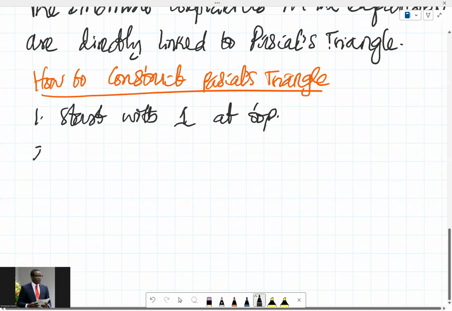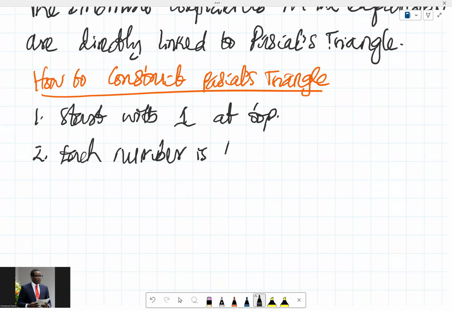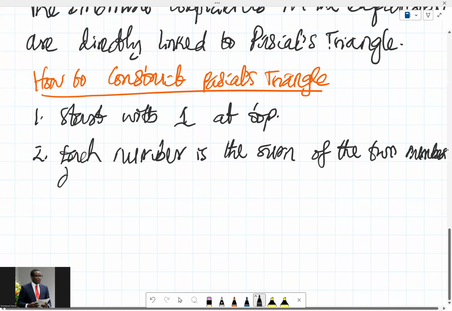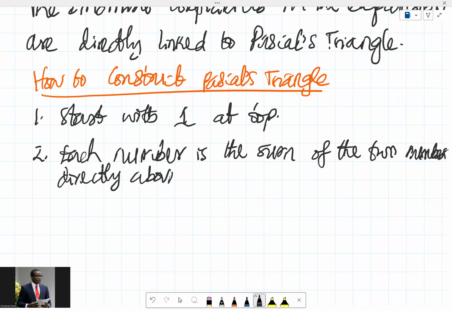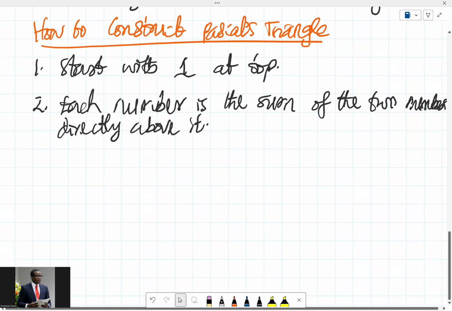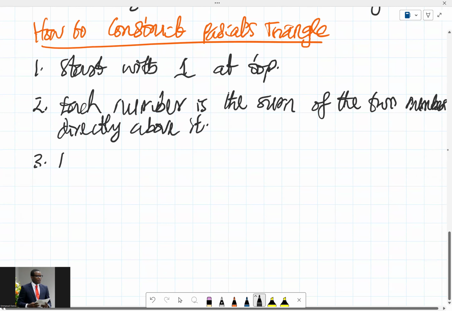Then the second thing you do is each number is the sum of the two numbers directly above it. Now you will see what this means in a jiffy.